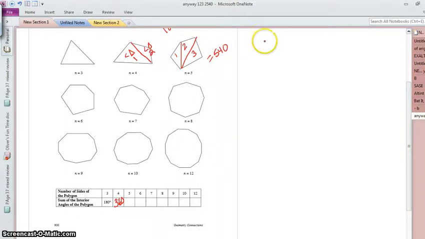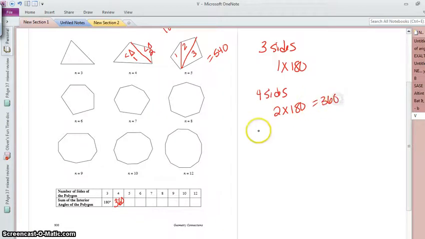So for the three-sided figure, we used 1 times 180. We used one triangle to take the sum of the angle measures. For a four-sided figure, we used 2 triangles. For a 5-sided figure, how many triangles did we get?